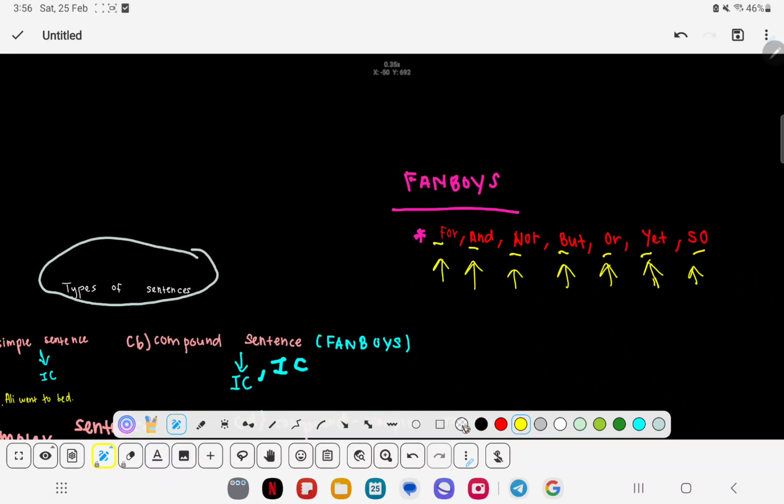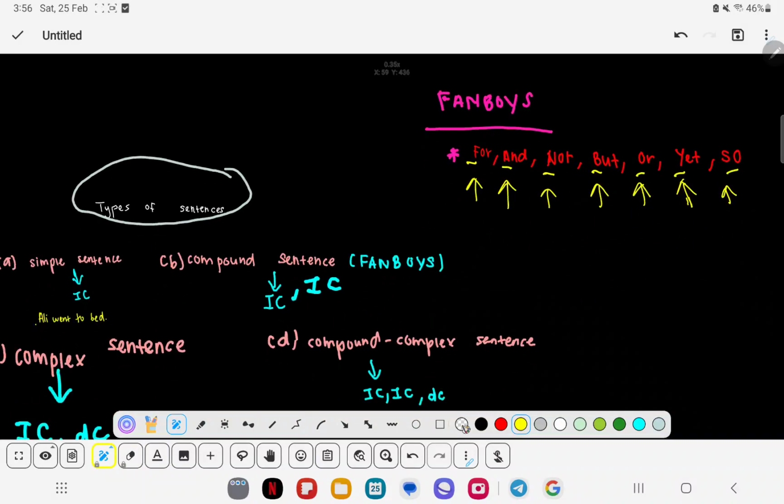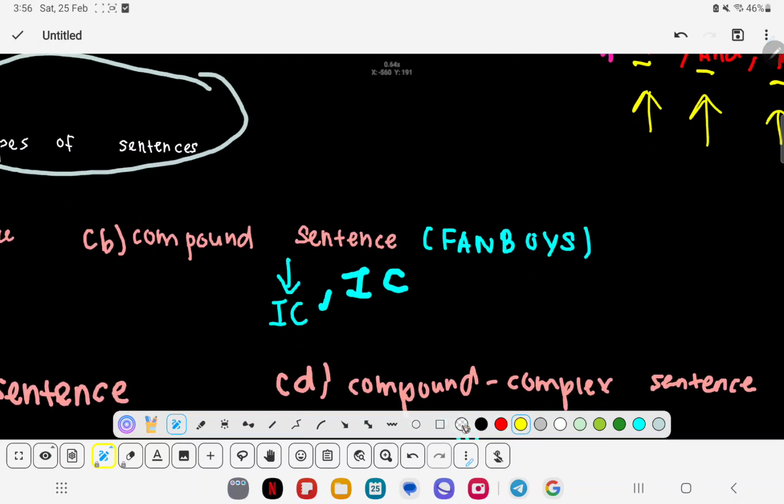Whenever you see a compound sentence with these letters of FANBOYS, you know it is a compound sentence. How to identify it is just to look for the FANBOYS.